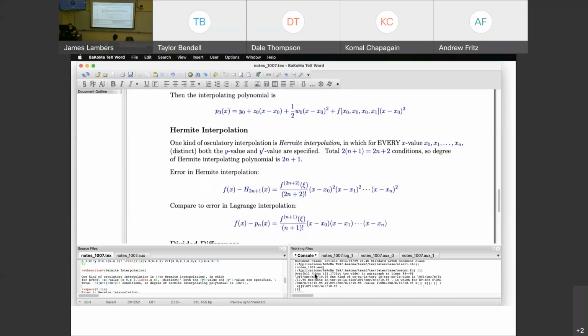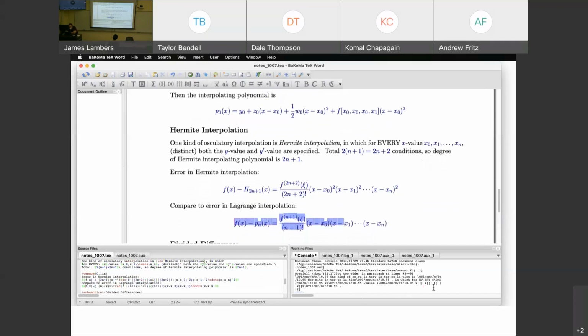Now, here is the error formula for regular interpolation, which I'm referring to as Lagrange, that I showed you on Tuesday. Here's the error in Hermite interpolation. So here we have degree n interpolating polynomial. Here, in the Hermite case, it is 2n plus 1. So notice the similarities and differences between the two.